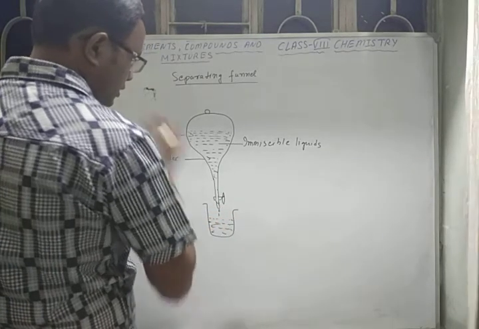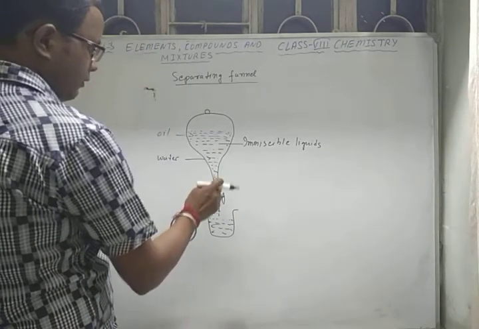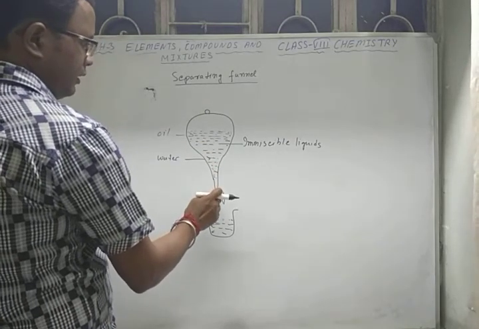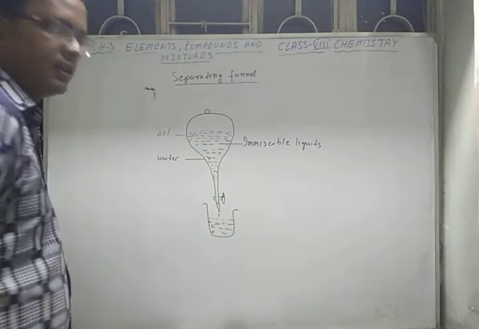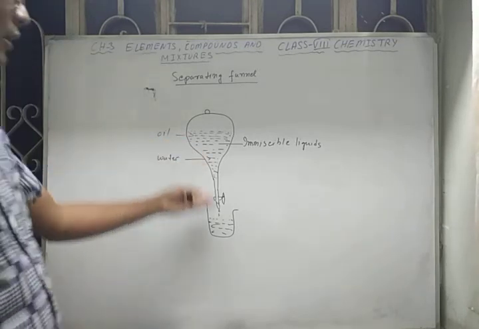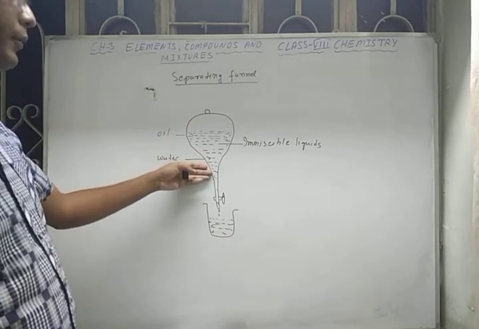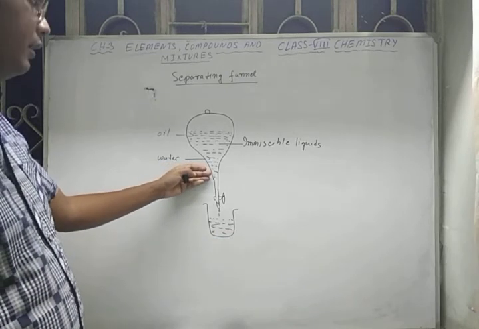When the water level comes down here, just close the stopcock. In this way, we separate the water in the beaker and the oil is left behind in the separating funnel.